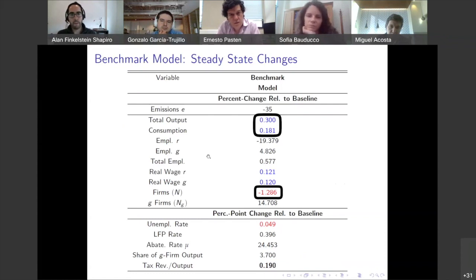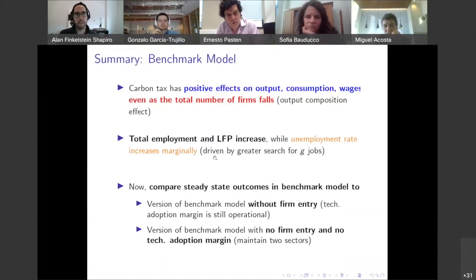Okay. So now let's think about eliminating some of the mechanisms that we introduced relative to previous papers. The first one is just a summary I've already said: positive effects on output, consumption, and wages, even as the number of firms in the economy ends up falling. This is an output composition effect that we see in the model.